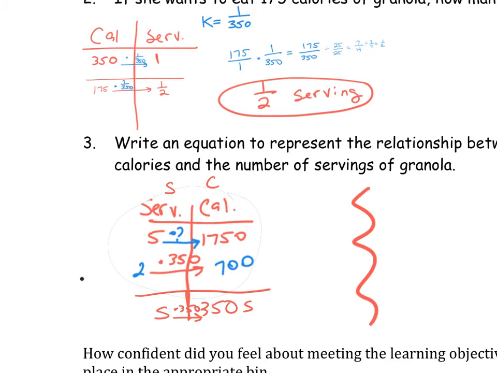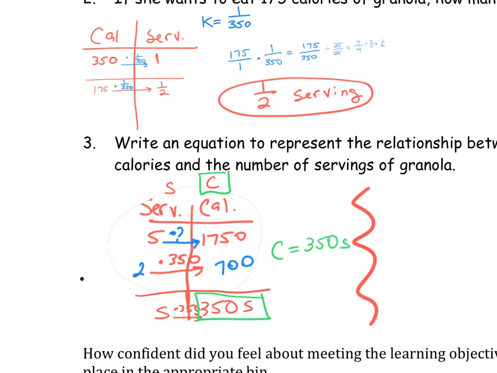So I am saying that 350S, which is in the C column, are equal to each other. So 350S and C are equal to each other. Everything in the C column is equal to C. So one equation that I could possibly use is C equals 350S.